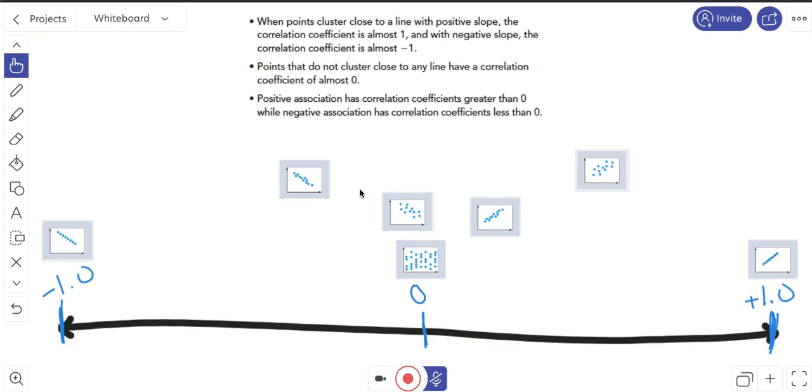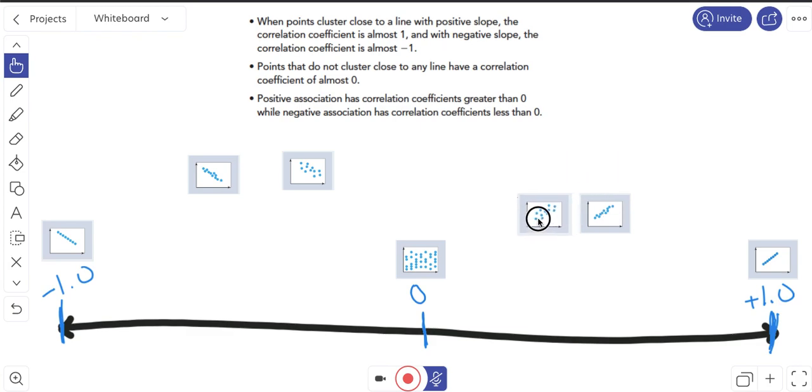than 0. So now we can look at these other graphs and put them also on our continuum. If I look at this graph and this graph, they're clearly negative associations in the data, meaning as the x value increases, the y value is decreasing, and that's why it's a negative sloped set of data.